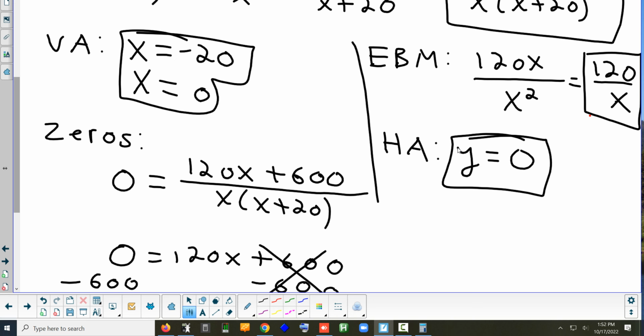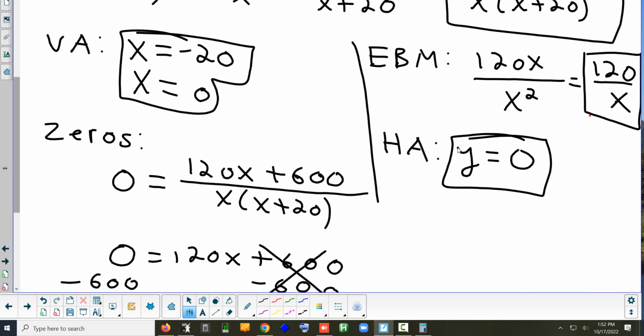The numerator has to equal 0. The numerator has to equal 0. And what's the numerator in that fraction? It's 120. That numerator is never going to change. So I don't care if you divide 120 by a billion. It's not 0. It's small. But it's never going to be 0. You divide 120 by 10 billion. It's still not 0. It's just getting closer and closer. Any questions on that?